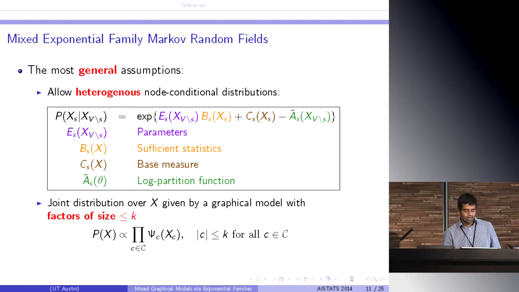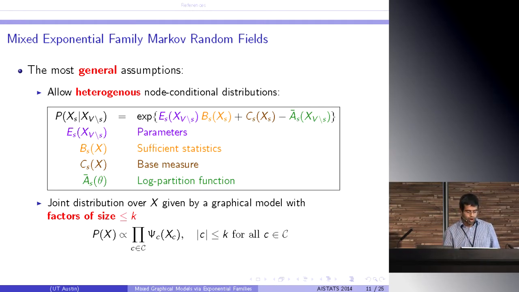But of course, it's conditioned on the rest of the random variables, so the parameters of the exponential family could depend on the rest of the variables in an arbitrary way. So the parameter could be a function of the rest of the random variables in an arbitrary way.